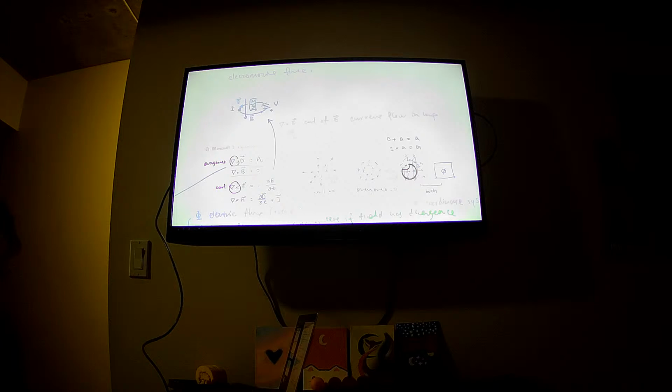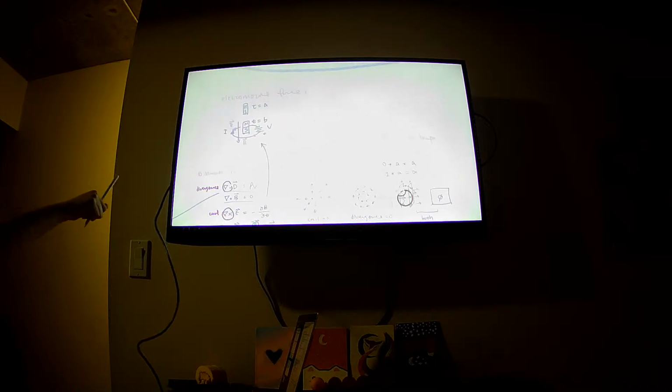So what does that mean? If I were to suddenly insert a magnet, this is a more intuitive example. Let's say that my magnet originally was here, and then this is T equals A, this is T equals B, okay? So my magnetic field changed, because I put the magnet closer to the circuit.